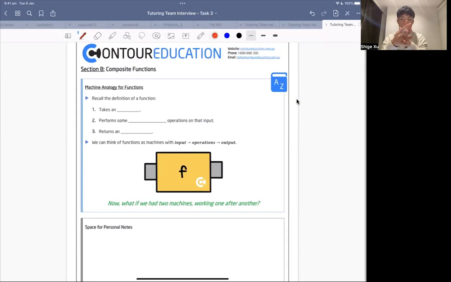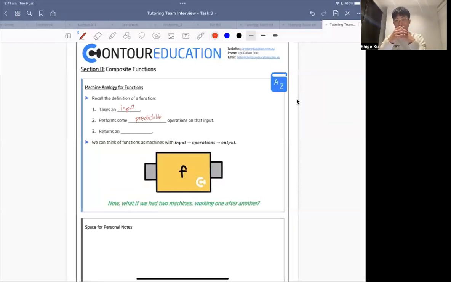We used to make the analogy of a function as compared to a machine. Right? For a function, you give me an input, I'll give you something back. You give me an x, I'll give you a y. So the function takes an input, performs some predictable, well, not always, but most of the time, predictable operations on that input.